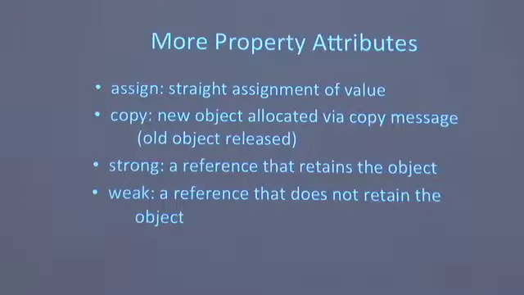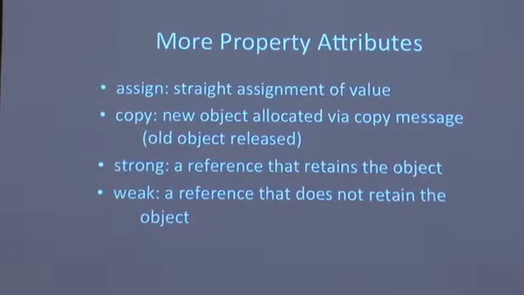So that's if you're passing in an int or something like that, where you don't have to do anything special to store those bits of data in another field. Copy says, I want to take the object that's been passed to me, use the copy message on the object to create a new instantiation in memory, and I'm going to save that when I take that data in.